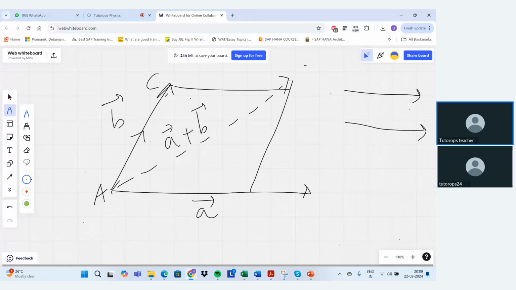Fine. So now coming to the conclusion, for these two vectors A and B, it is having a value of theta. Fine. So if this is theta, I think all of you have basic knowledge of mathematics. If this is theta and this is my baseline, this is also parallel to it, so this also will come as theta.